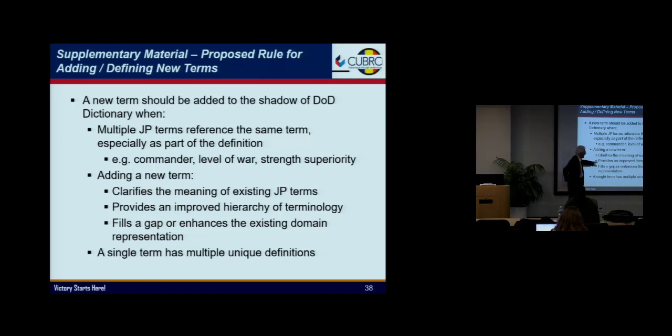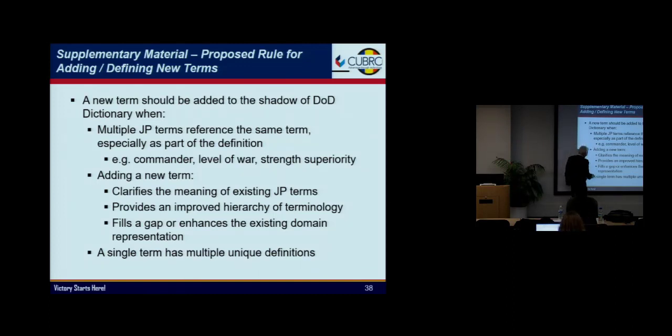Thirdly, that it will provide an improved hierarchy, because the Joint Doctrine Ontology needs to be hierarchical, and there needs to be good child-parent relations to enable good definitions and so forth. And thirdly, that it fills a useful gap in the Common Core Ontology, because the Common Core Ontology may already have a term which corresponds to that.